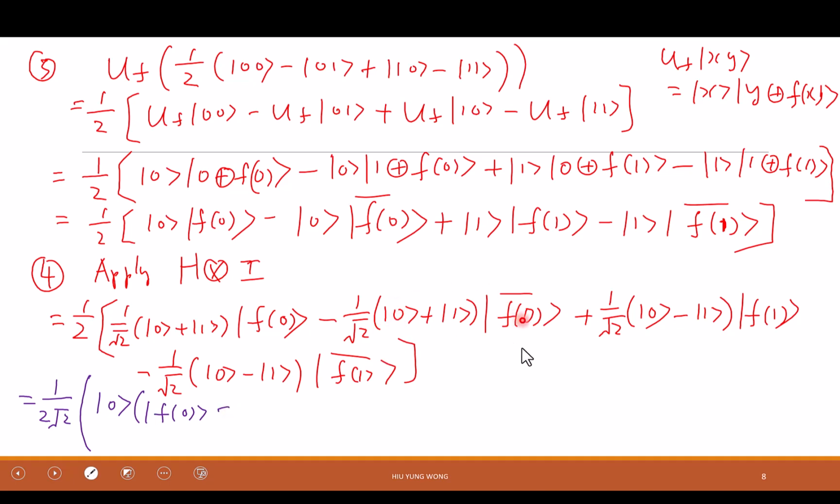This is 0 times f bar 0, right? And then the third one is f of 1, correct? 0 times f of 1. Right? I'm trying to collect the terms. The first qubit is 0. I get f0, negative f0 bar, f1, negative f1 bar.